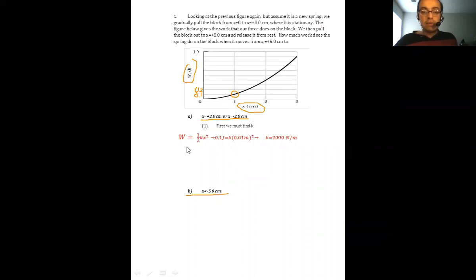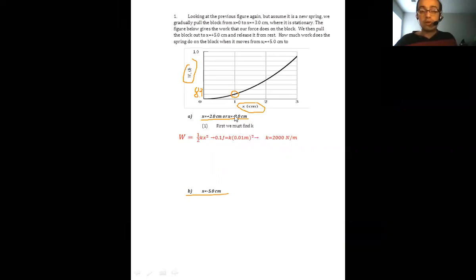So we go ahead and we say, all right, the work is equal to 1/2 kx squared. Our x initial in this case is 0, so we can go ahead and disregard that part of the expression. We know that the amount of work that had to be done was 0.1 joules, and that's equal to the spring constant times 0.01 meters squared.